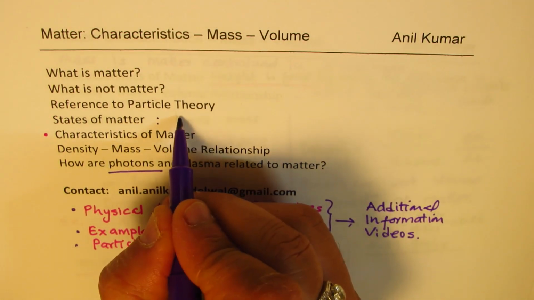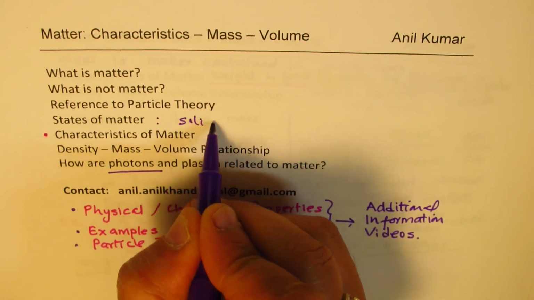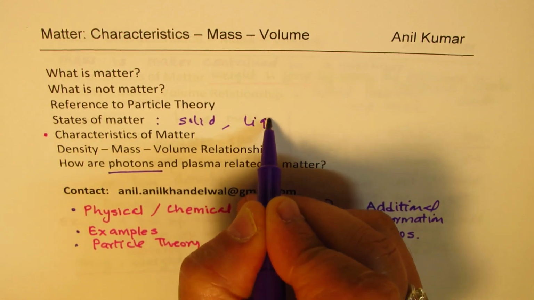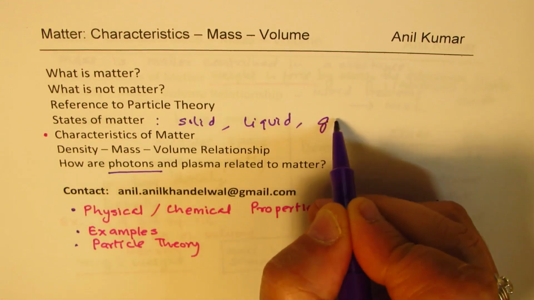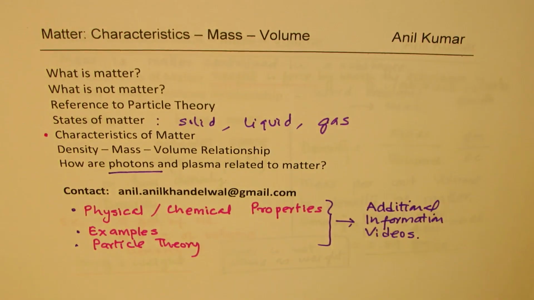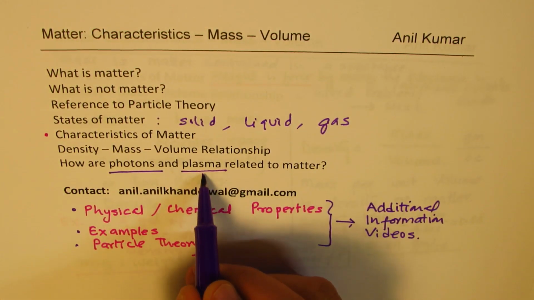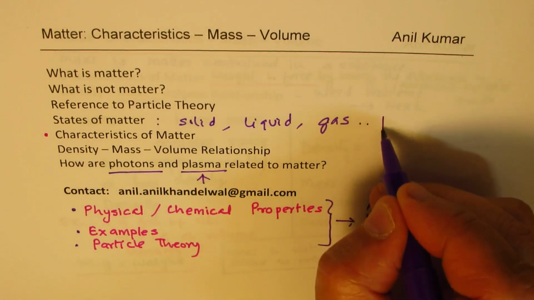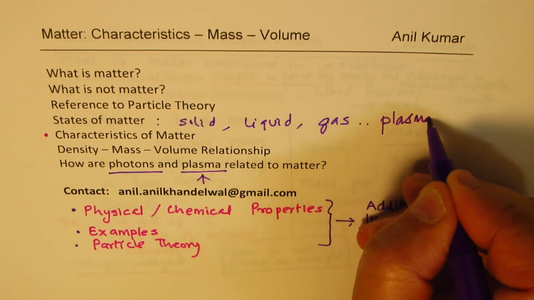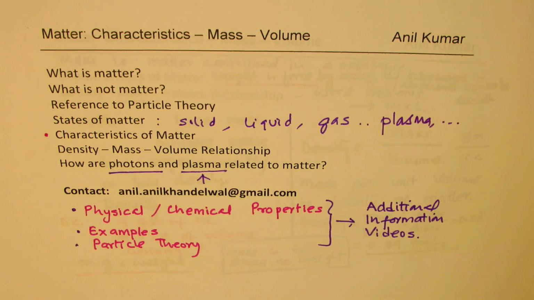So in the states of matter, we say solid, liquid, and gas, right? Well, there are other states also, but which we will not get into. Plasma is another state, for example. So there are other states of matter also. At this stage, we are not getting into those things.